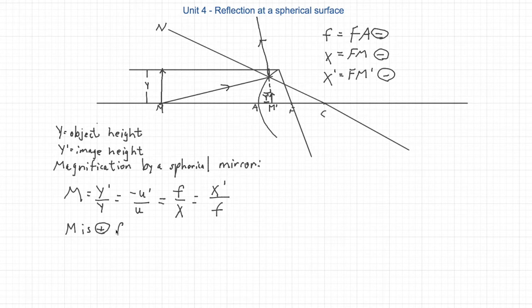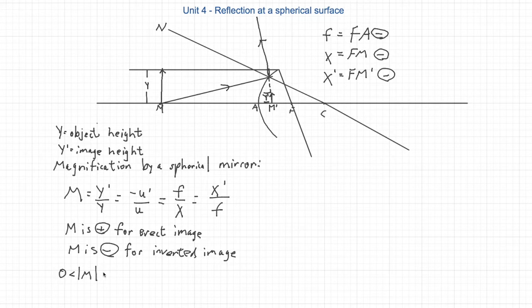The magnification is positive for erect images, and it is negative for inverted images. And the absolute value of m, if it's greater than 0 and less than 1, it means you have a smaller image. That's called minification.